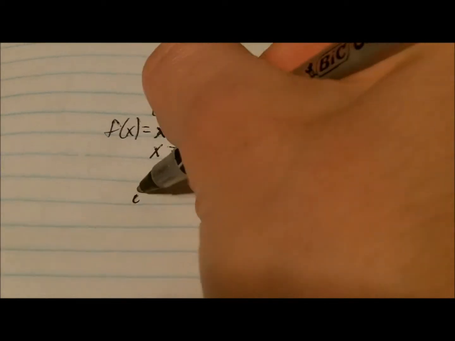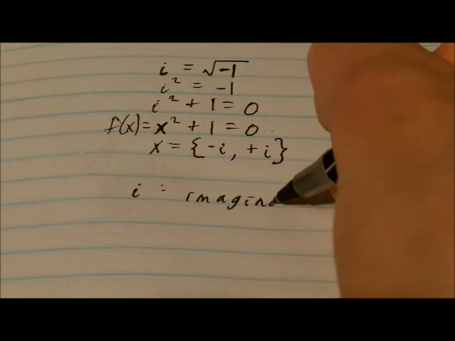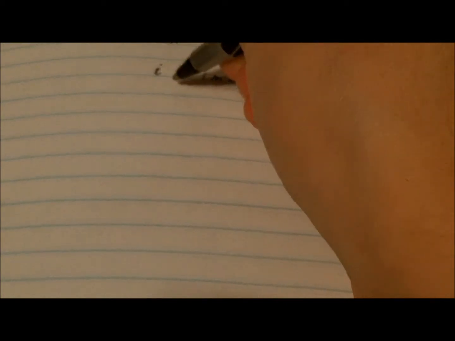Now, i itself is an imaginary number. We can treat it as a number in itself. So we can have some multiple of i. We can say, all right, this is 2i or 3i or 7i over 2.